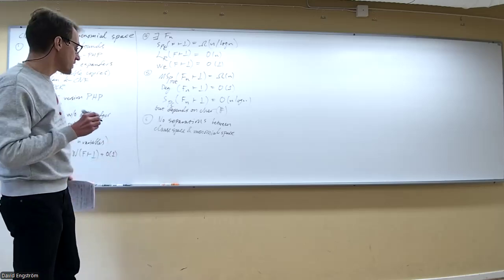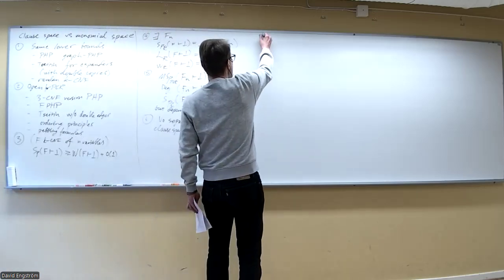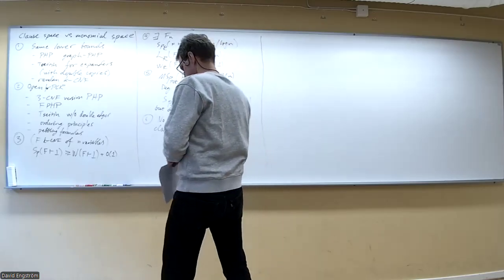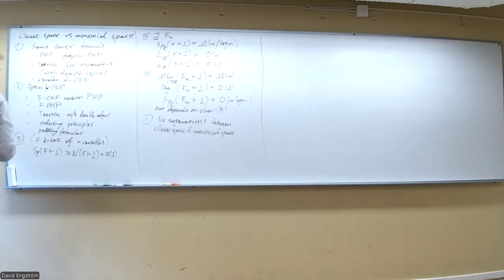So the main focus today, the main question that we would like to understand, is whether we can get an analog of this. The analog of this would say that for any set of polynomials, the monomial space of refuting it is lower bounded by the degree of refuting.